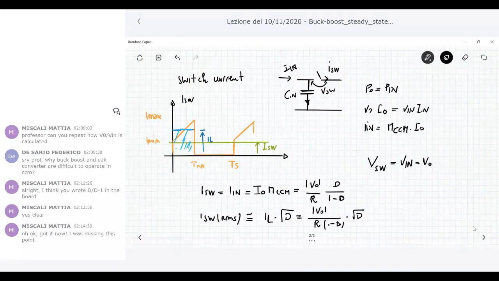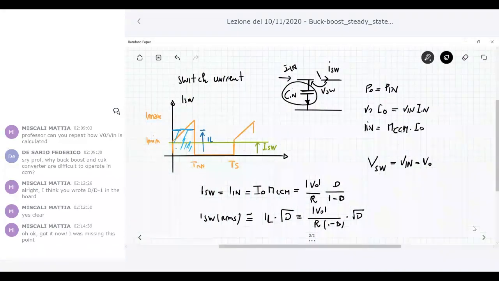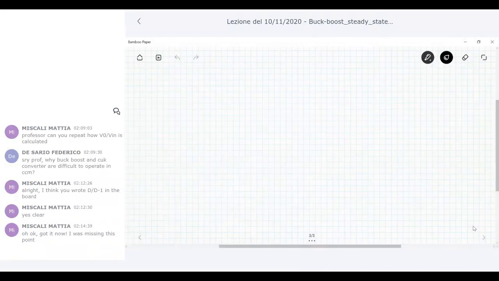So let me move to the input current, for example, the current through the input capacitor. Okay, see here.